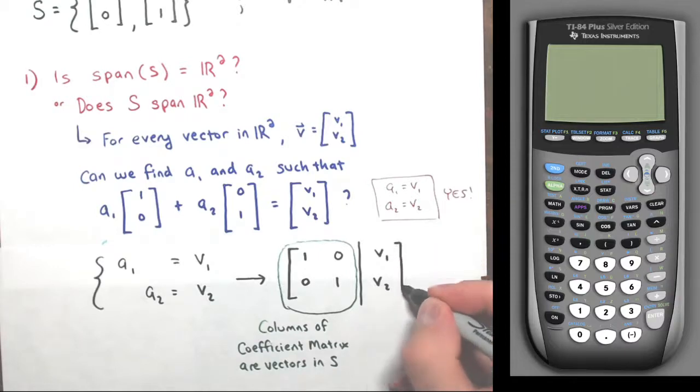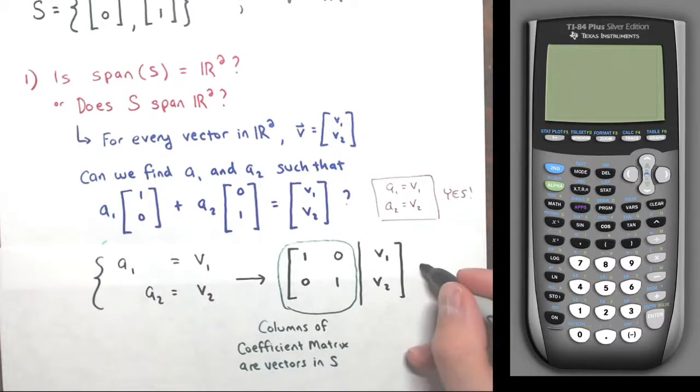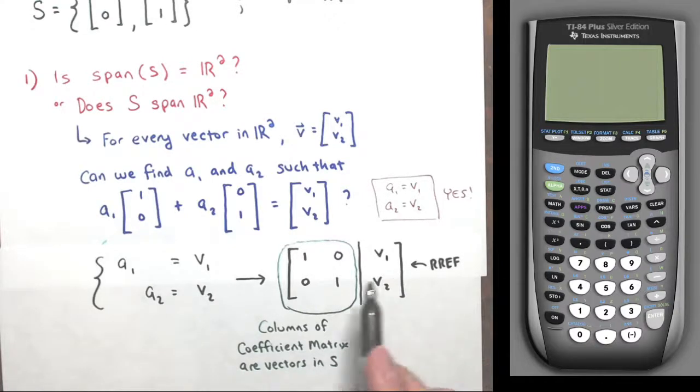So this little augmented matrix here is asking, can I write V1, V2 as a linear combination of (1, 0) and (0, 1)? And then I put this in reduced row echelon form, which it has already done. This is already in reduced row echelon form, and you can see that it has solutions.